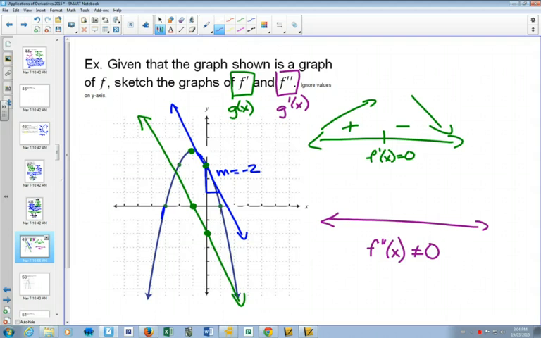So when I draw my f double prime, it'll be constant at negative 2, which would make sense: if we had a graph that's a line, then the derivative of a line is whatever the slope is, and then it's a constant function, which would be flat. So that's how we can take an original graph and then move through them. Yes?